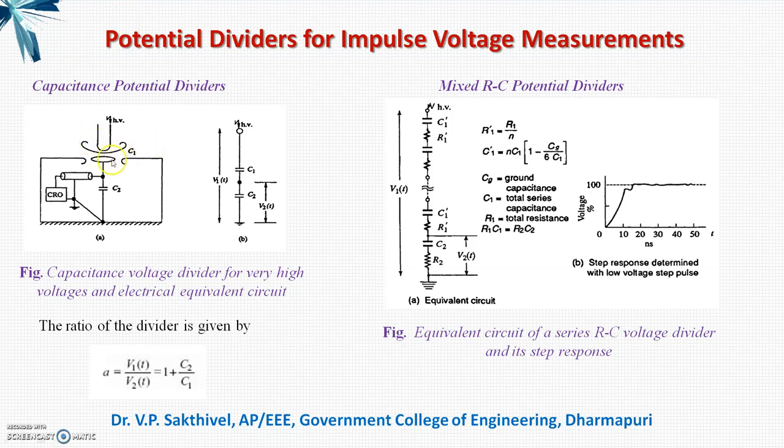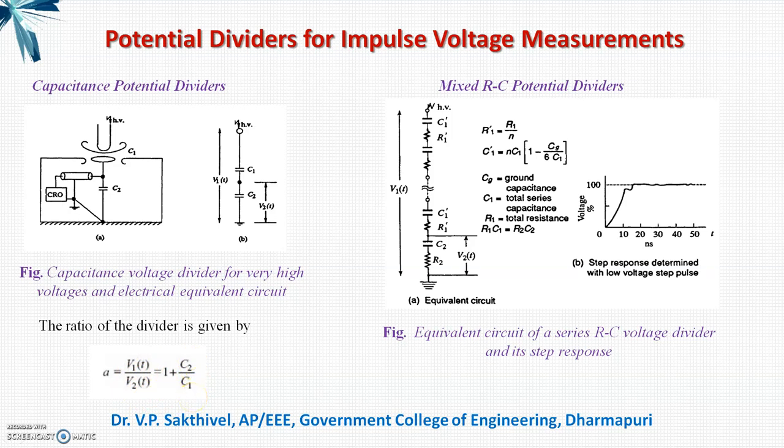Here C1 is connected to the high voltage source or measuring object, and C2 is connected to the CRO through the cable, whose equivalent circuit is shown here. Then the ratio of the capacitance divider is given by A equal to V1 of t divided by V2 of t, that is equal to 1 plus C2 by C1.